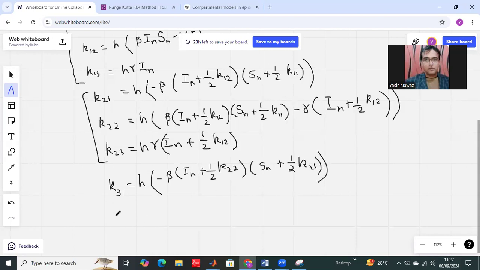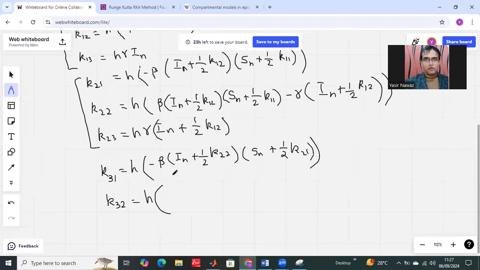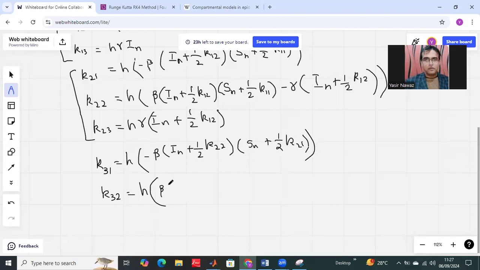And then I write K32. K32 is H into beta, In plus half K22, then Sn plus half K1, and gamma into In plus half K2.